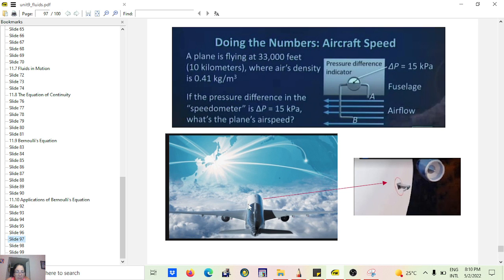So you see the plane here on the side, you have this little thing here, and that's to measure the speed of the plane. So the plane is going in this direction, let's say to the right. So the air is moving in that direction relative to the plane. And we want to know what's the air flow, how fast the air is flowing.